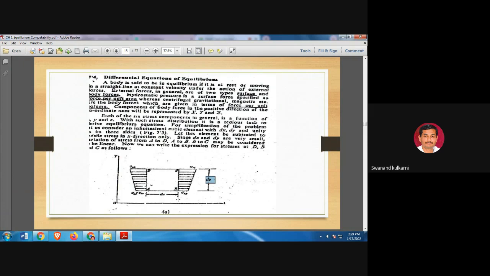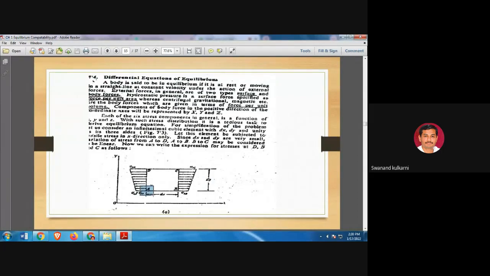So a small piece is cut from the stressed component with infinitesimally small dx and infinitesimally small dy, that is taken for study. This small piece is considered to be A, B, C, D as shown in this figure.